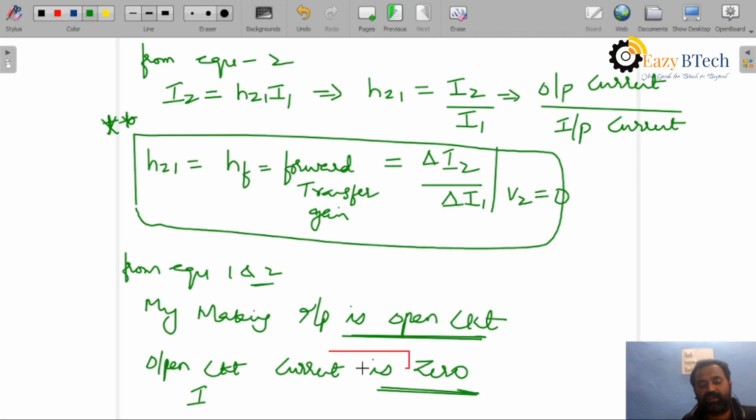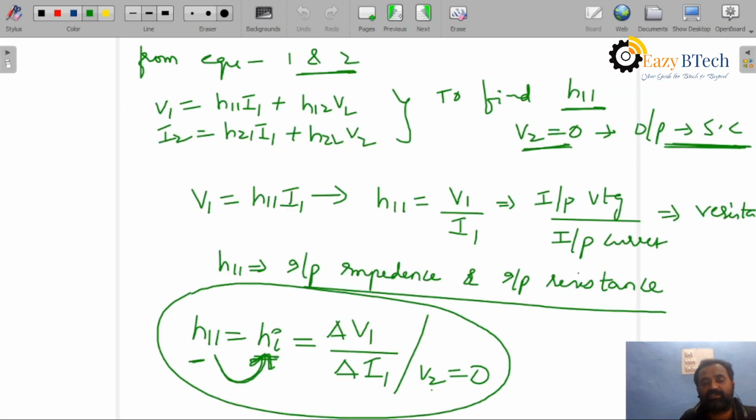Open circuit current is 0, that is input current I1 is 0. By substituting I1 equal to 0 in these equations, we don't have H11 and H21. We have only these terms.